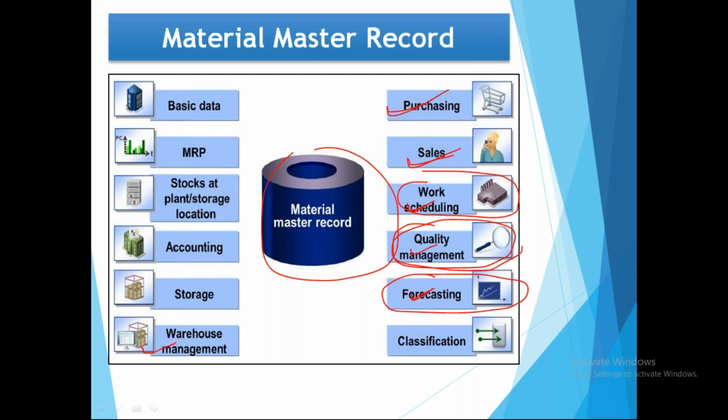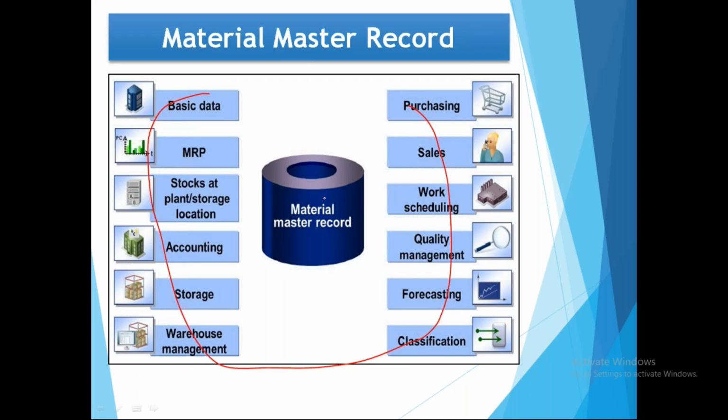The warehouse department will maintain their data in warehouse and storage views, and finance people will maintain their data in accounting views. The planning department will maintain their data in MRP views, and of course basic data is common for all. So different departments will maintain their data in their views in the material master record. That is why it is a centralized source of master data, not only relevant for MM, it is relevant for all the modules in SAP.